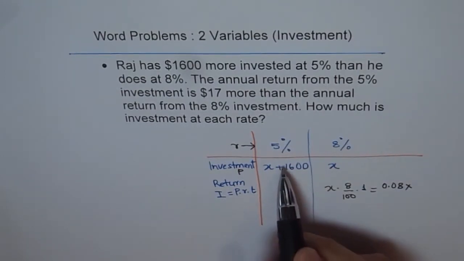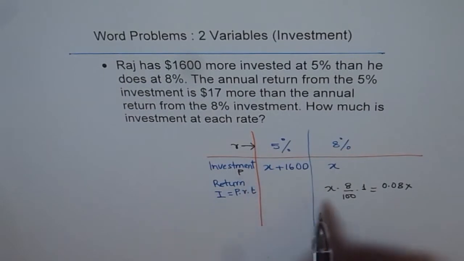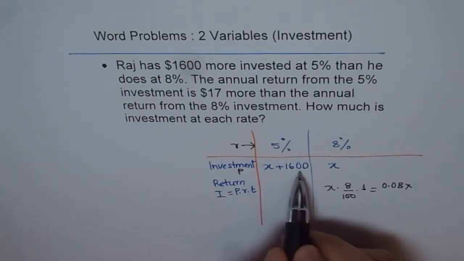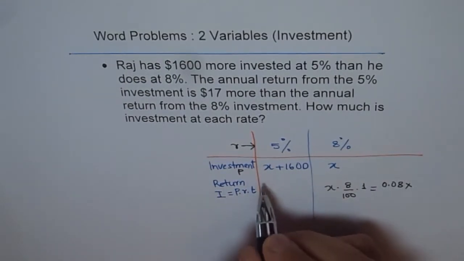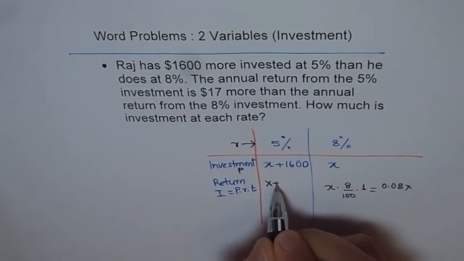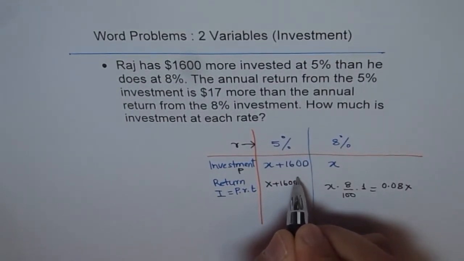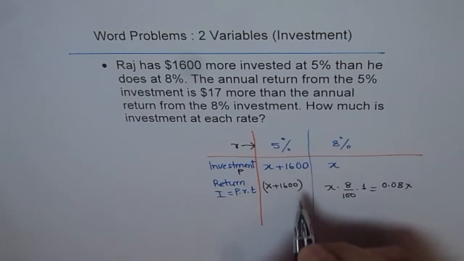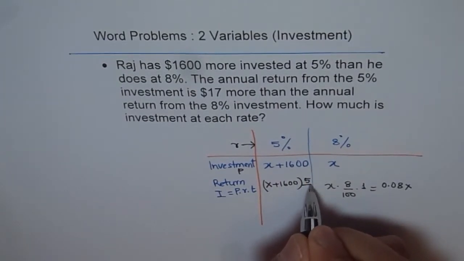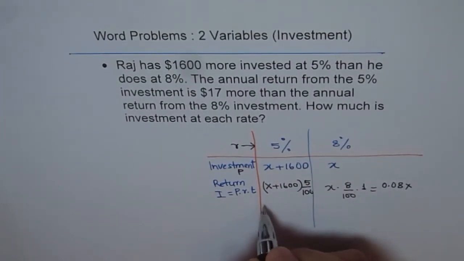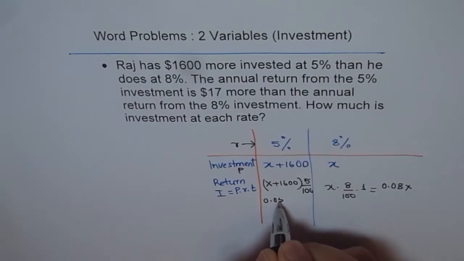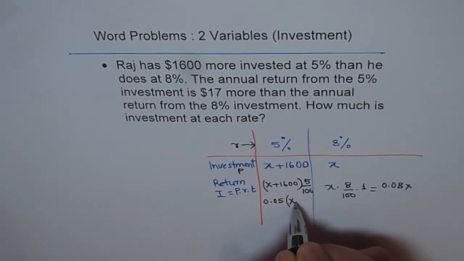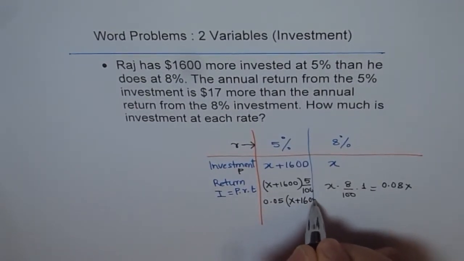Now here, how much is the return? The actual return should be, this is the amount, so we'll write X plus 1,600 times 5%, times 5 over 100, correct? Which is 0.05 times X plus 1,600, correct?